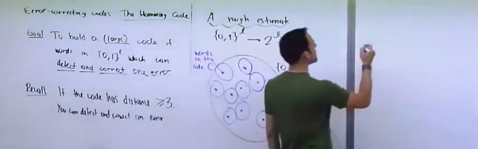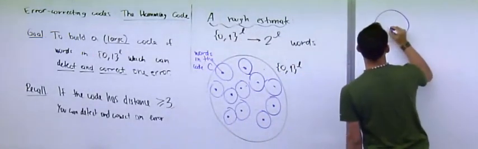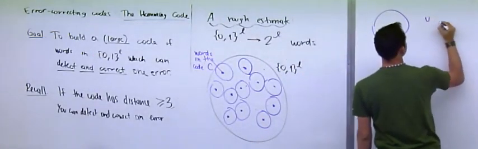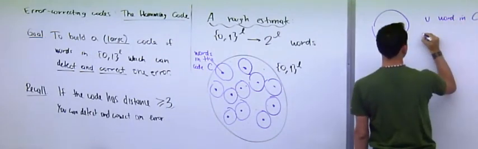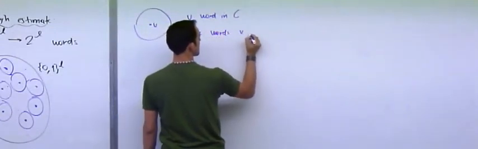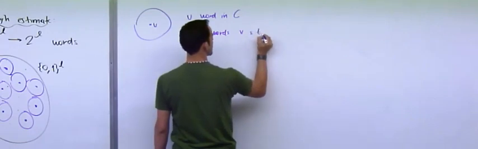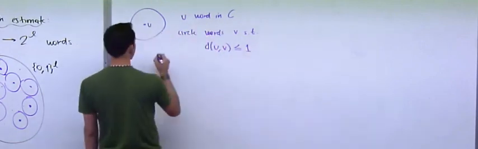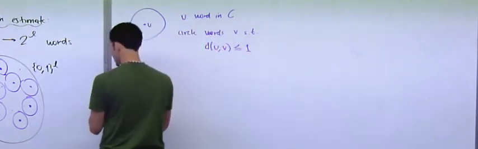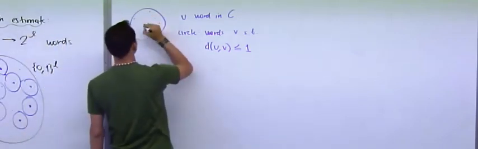So what does this mean? U is a word in the code, and the circle consists of the words V such that the distance between U and V is at most 1. So it consists of those words.